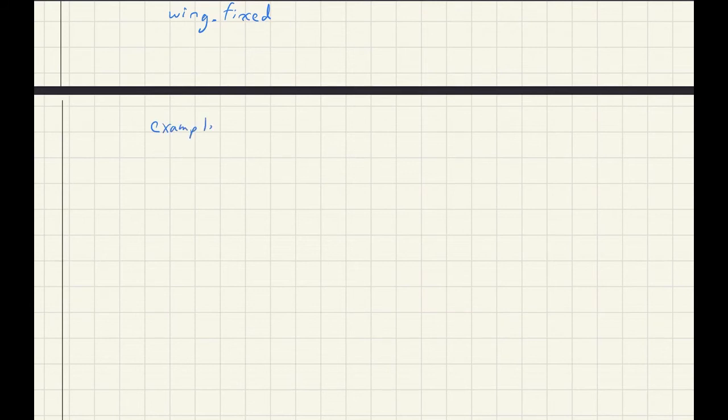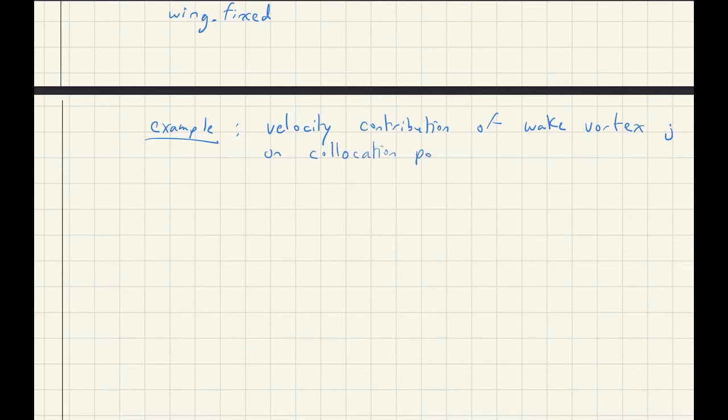So, example here: velocity contribution of wake vortex J. We are going to single out some vortex J that's in the wake on some random or arbitrary collocation point I. What does that look like?